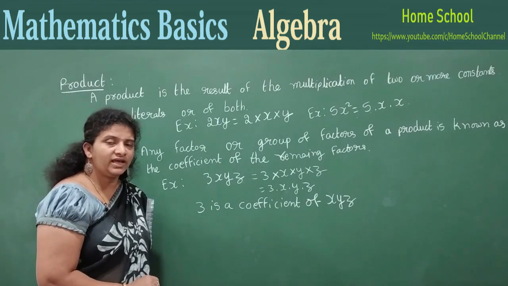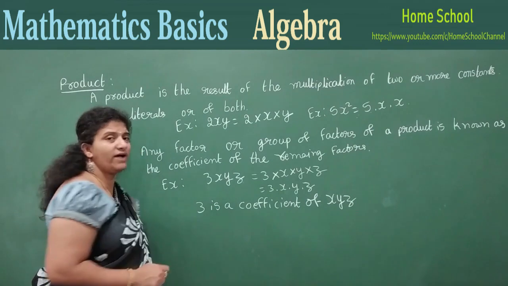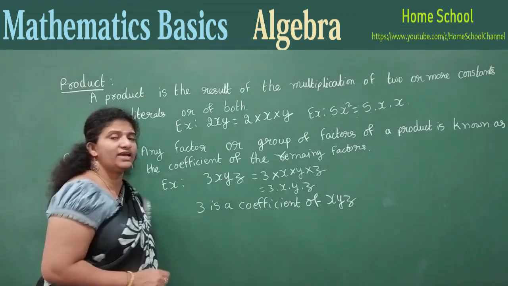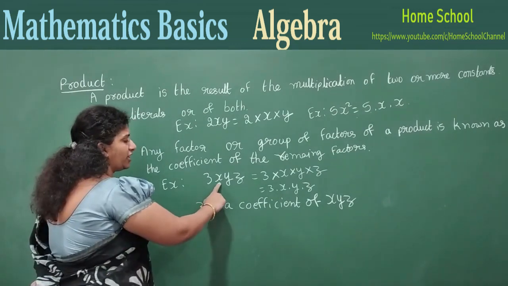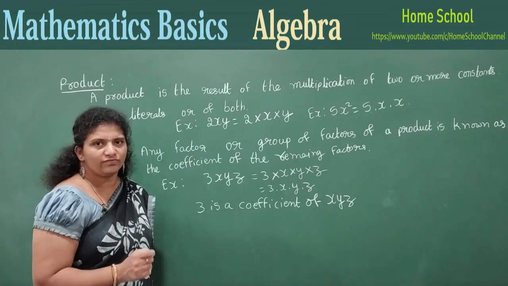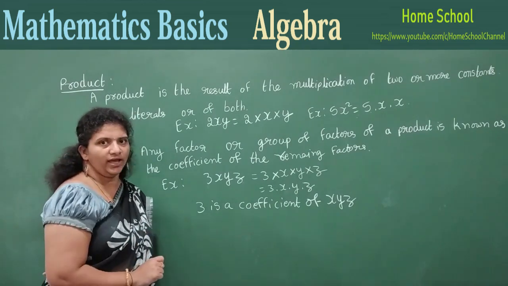What does numerical mean? Number. The numerical coefficient of 3xyz is 3. The algebraic coefficient of 3xyz means other than the number, the remaining terms. We call x, y, z the algebraic coefficient of this product.